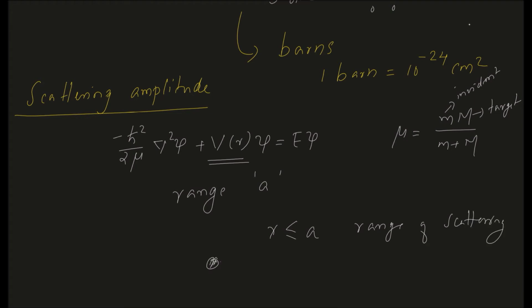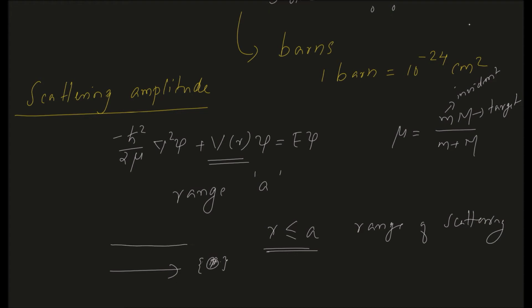So when we have a target and an incident beam of particles, the interaction between the two particles occurs in a region r less than or equal to A, where A will tell you the range of the potential. So if this potential is having only up to this size, then the interaction is limited only within this range.